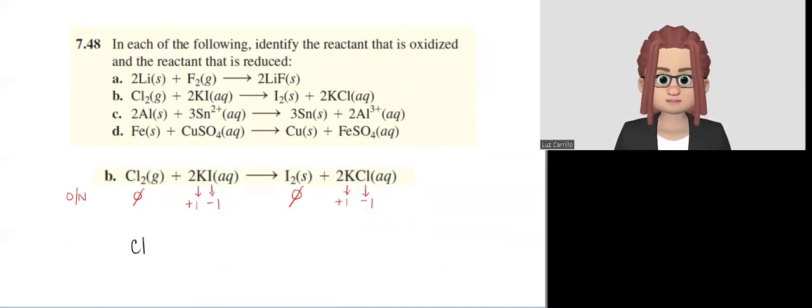Then I make my table. I write Cl, K, and I, and I'm trying to define the oxidation numbers in the reactants, giving it a capital R, and in the product.